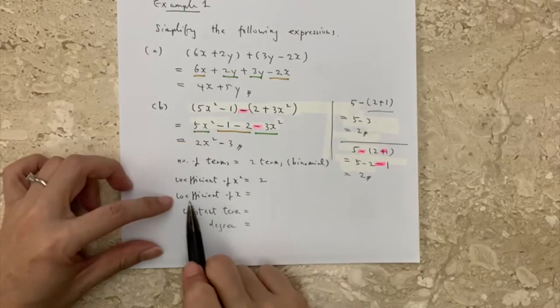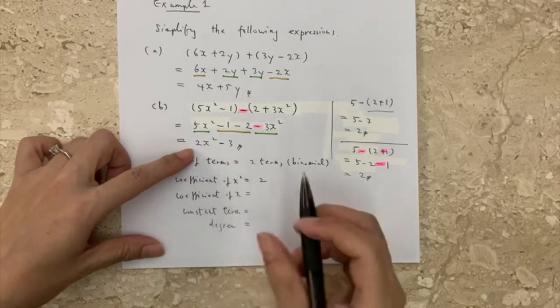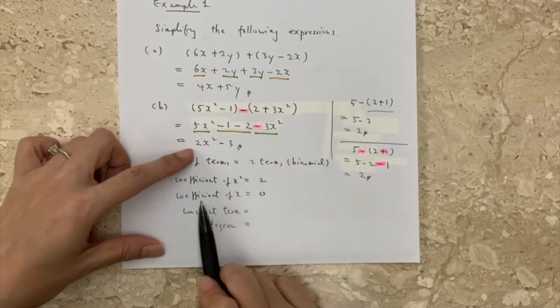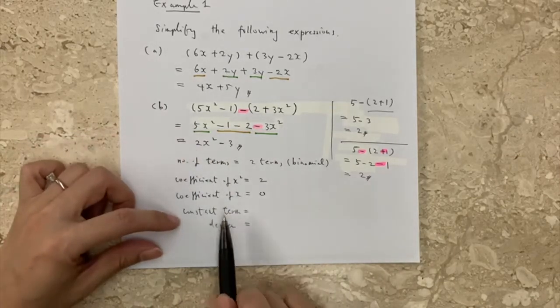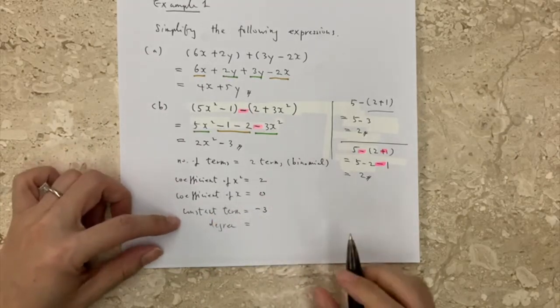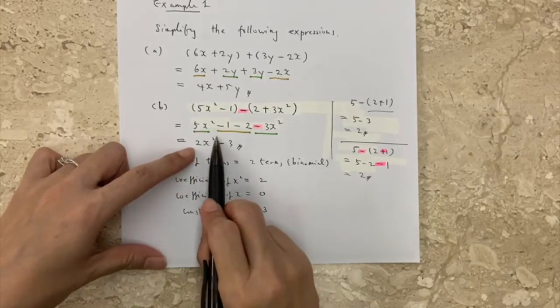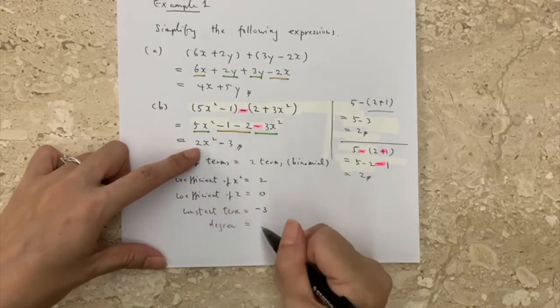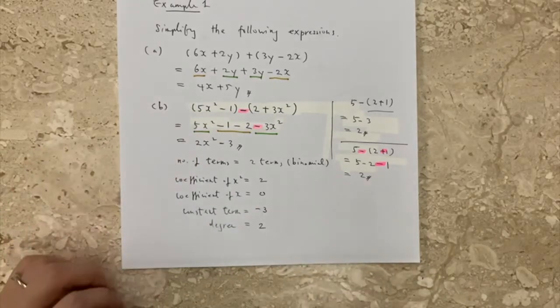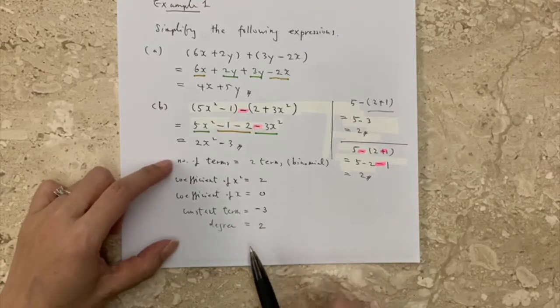Okay, the coefficient of x, you can see we don't have any x, so we have 0 for the coefficient of x. And then the constant term, this is minus 3. And then what about the degree of this polynomial? We always look at the highest degree, so the answer is 2. Okay, so this is the revision about polynomials that we have learned before in the previous lesson.